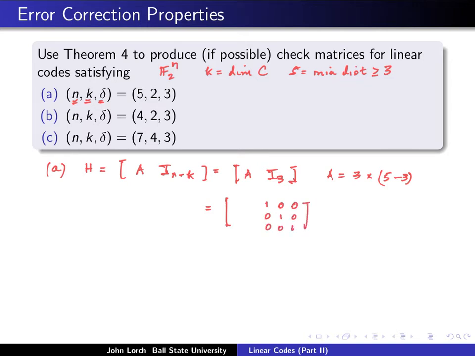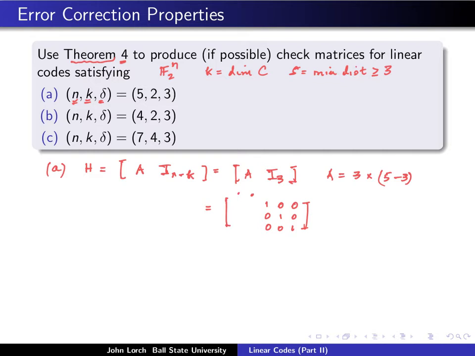And now in order to fill in the remainder of this check matrix in a desirable way, I need to have 2 columns, one here and one there. And remember from Theorem 4 that if this is going to be a check matrix for a 1 error correcting code, that is if we want delta to be bigger than or equal to 3, then these 2 columns have to both be non-zero, and they can't repeat each other or repeat anything else that we've written down in terms of columns.